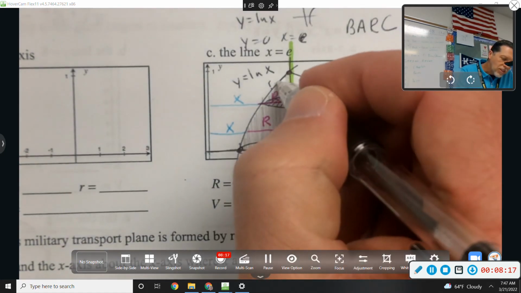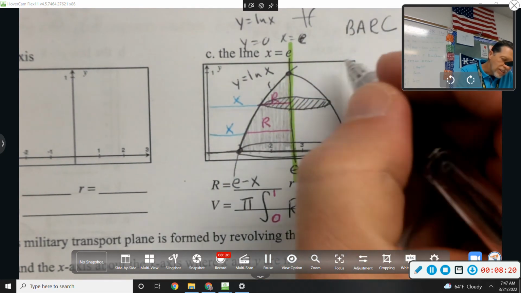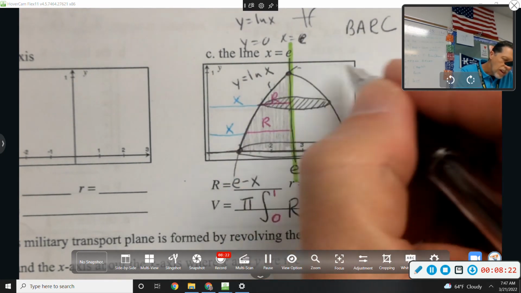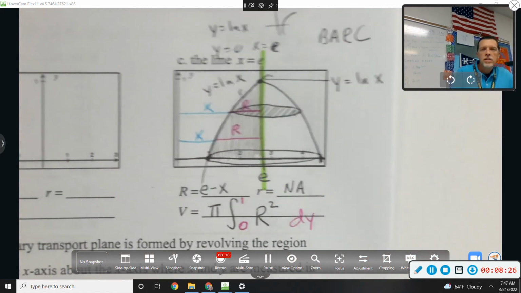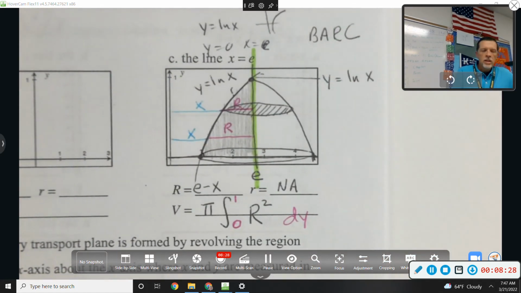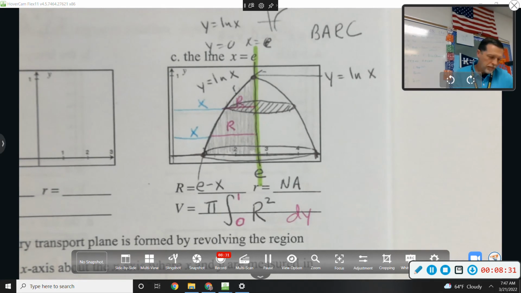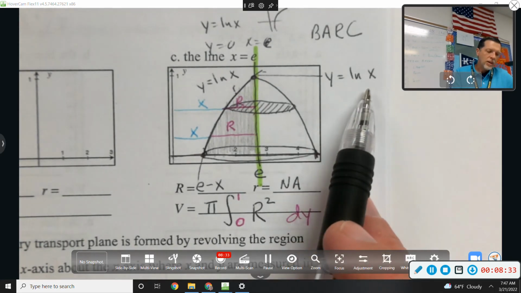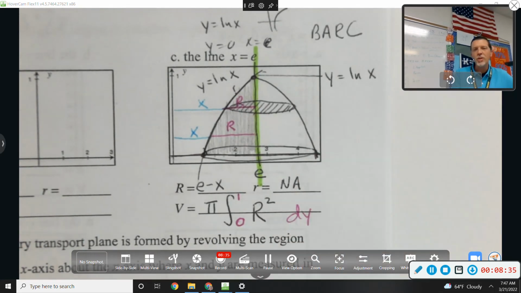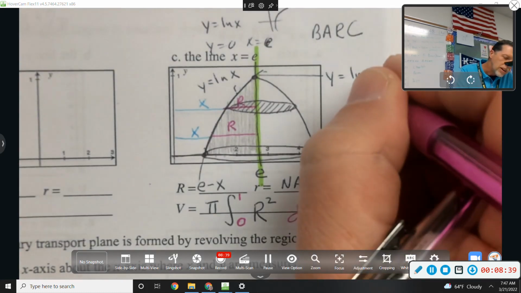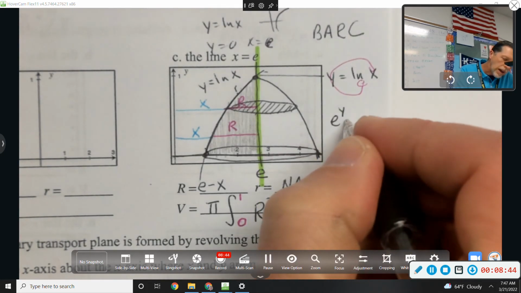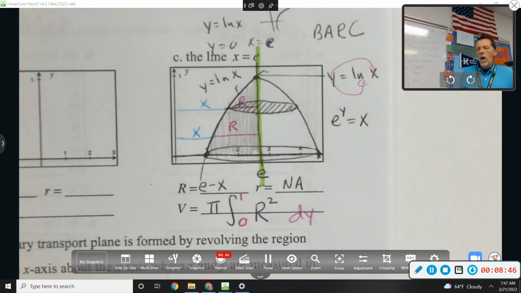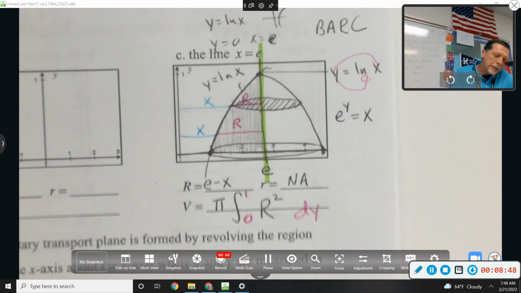So yes, this curve is y equals natural log of x. So what does that mean x equals? How do I undo this and make it in terms of x? The fishhook thing. So e to the y equals x.